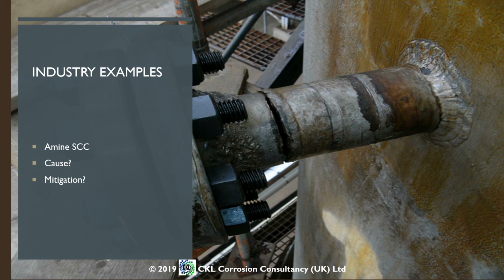So it wasn't post-weld heat treated. So we had this issue, and then we had to work out an engineering solution to resolve the problems, with advanced welding techniques using nickel-based weld consumables to help eliminate the cracking problem. Okay.